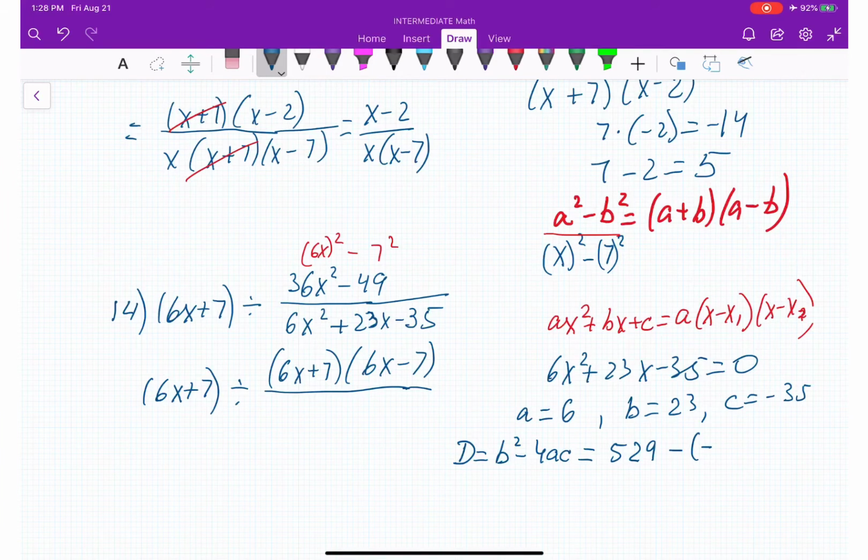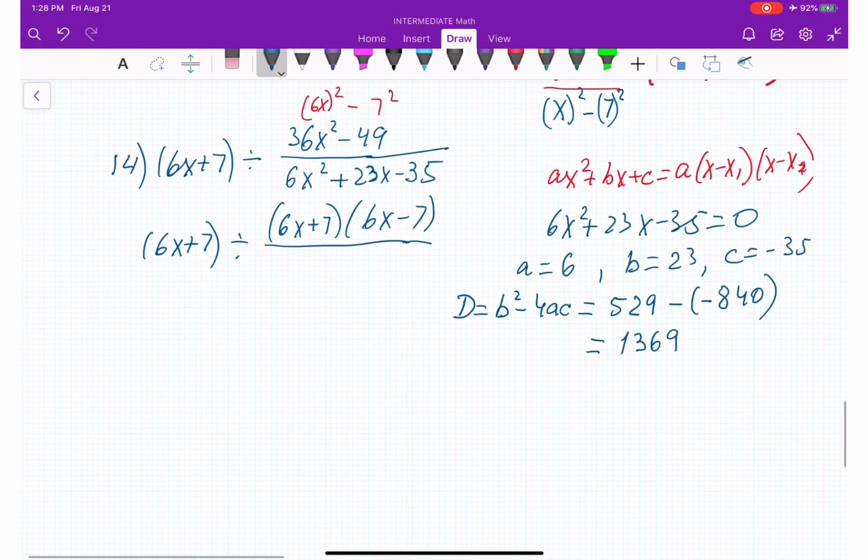It's going to be 4 times 6 is 24 times 35, and it's going to be 840. So if we end up adding 840 plus 529, why are we adding? Because we have two minuses, right? We get 1369.